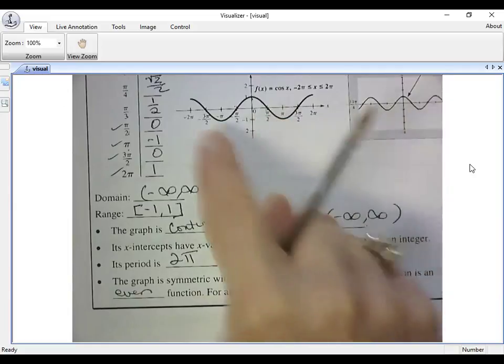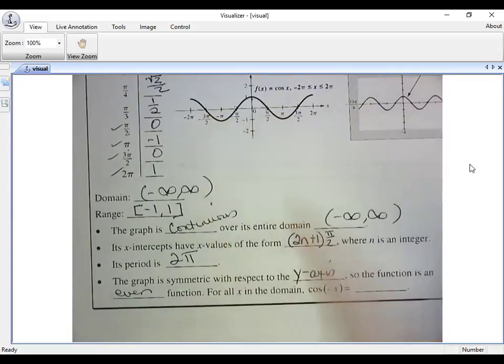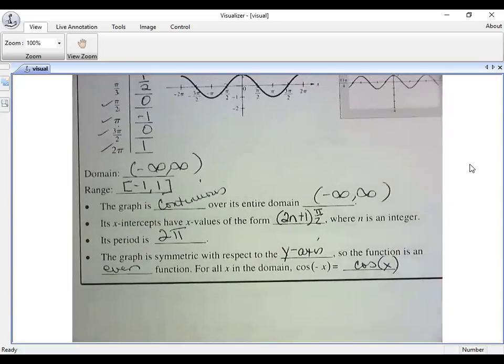So what is the cosine of negative pi? Which is the same thing, isn't it? So when it's even, it means that if I change the sign on the angle measure, I still get back the same thing I would for the positive of that angle measure. Because if I fold on the y-axis, those points have to match up. They have the same y value.